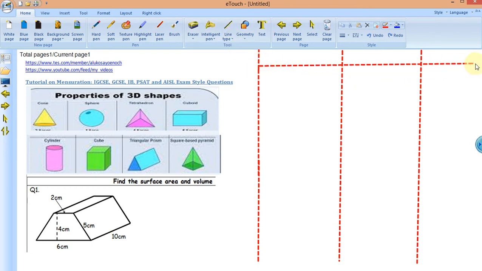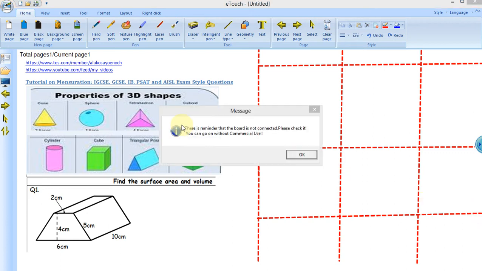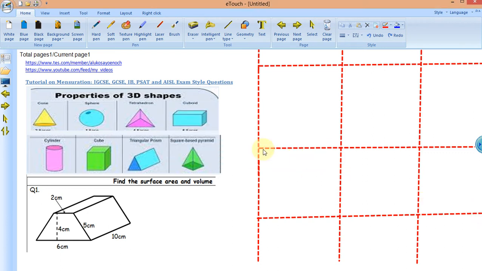I derived it alongside my Year 7 student, guys. I was trying to look at the best way to communicate the concepts of 3D properties to them, and to solve more difficult problems. So we have something like a hexagonal based prism, an octagonal based prism.